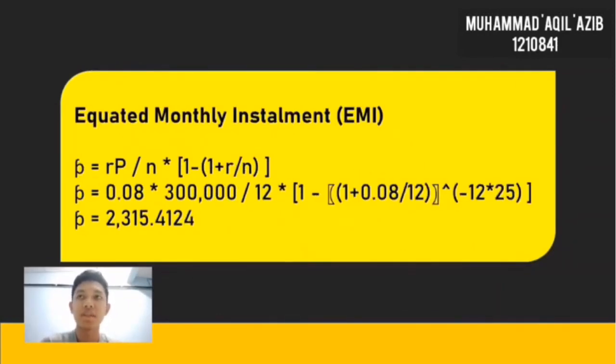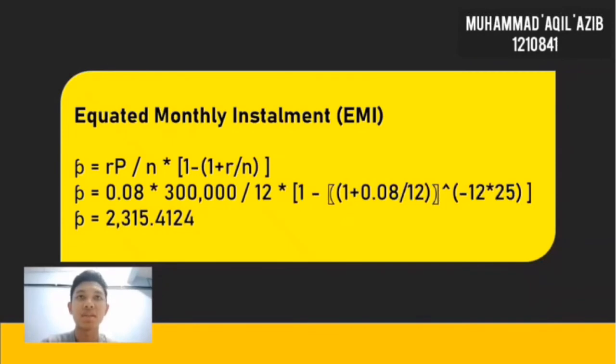Now let's calculate the equated monthly installment. To solve the problem, we only need to insert the values given into the amortization formula. Therefore, 0.08 times 300,000 over 12, times the bracket 1 minus 1 plus 0.08 over 12 to the power of negative 12 times 25.